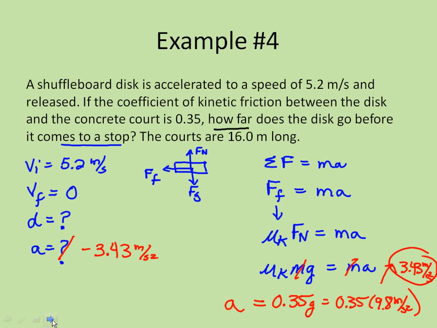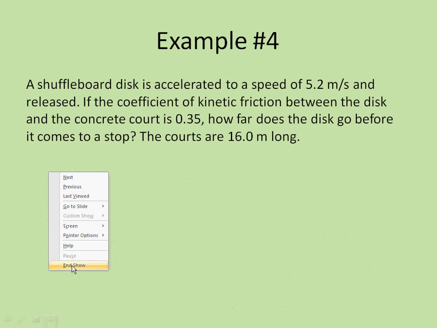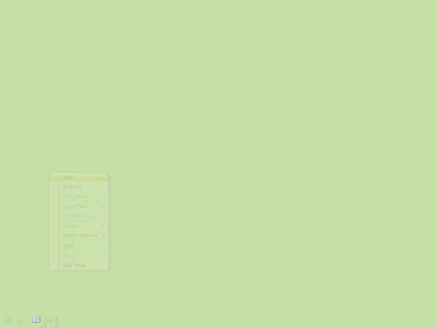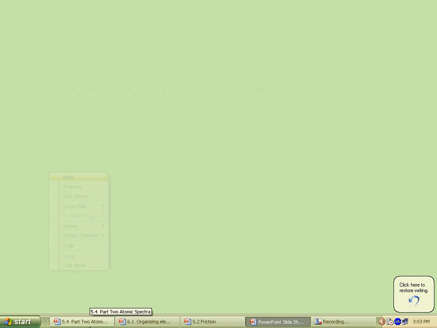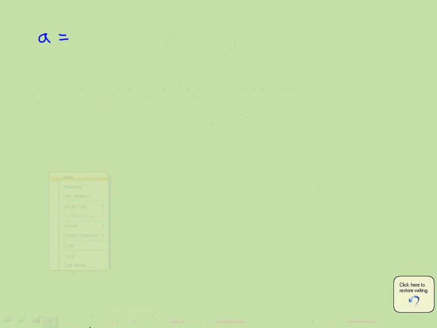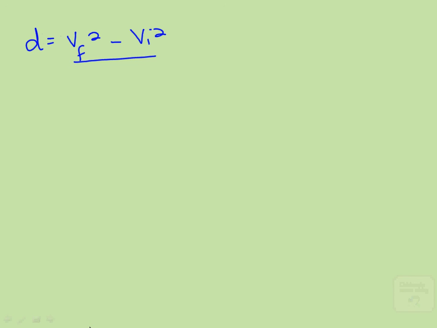I want to find D. D is equal to Vf squared minus Vi squared, divided by 2A.